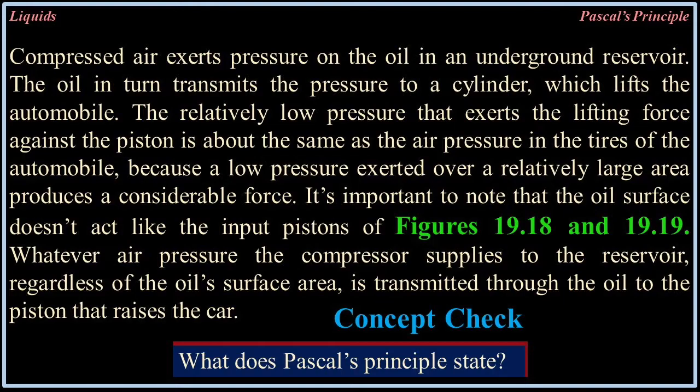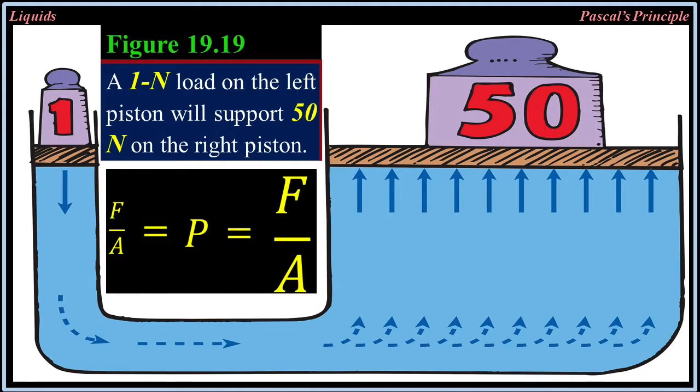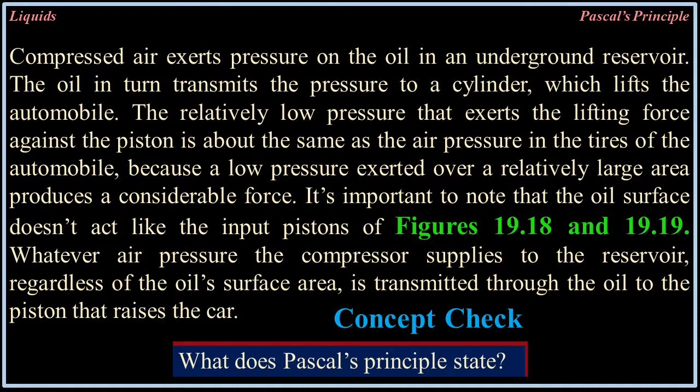It's important to note that the oil surface doesn't act like the input pistons of figures 19.18 and 19.19. Whatever air pressure the compressor supplies to the reservoir, regardless of the oil's surface area, is transmitted through the oil to the piston that raises the car.